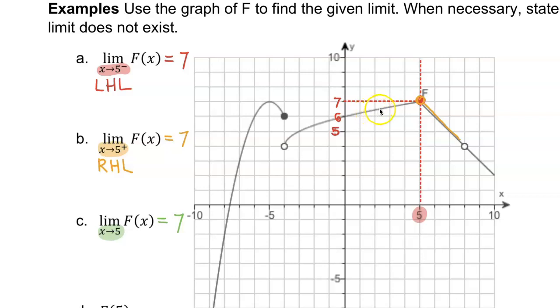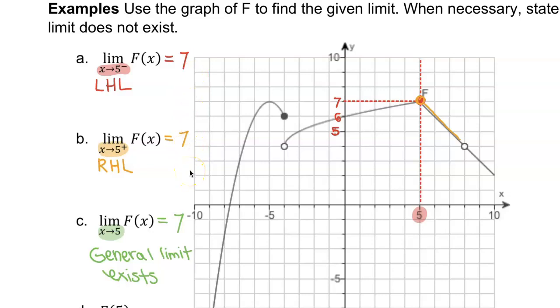The left was going to a y value of 7, and the right side was also going to the y value of 7. So when the left-hand limit equals the right-hand limit, the general limit, the green one down here, exists, and it equals that left-hand limit and right-hand limit.